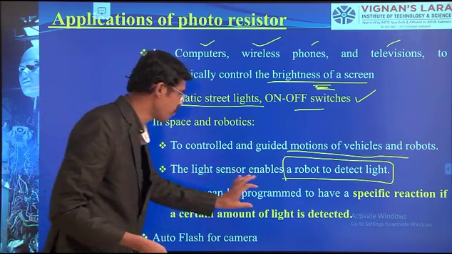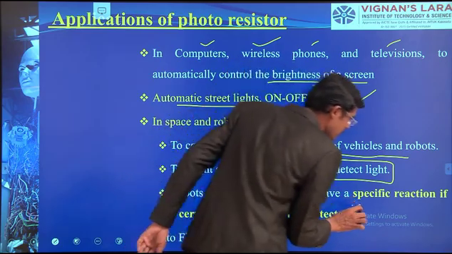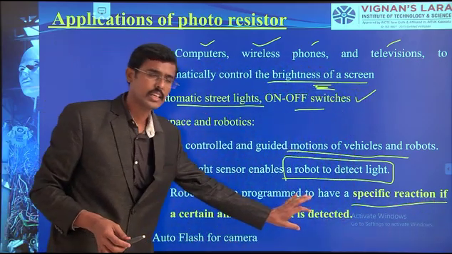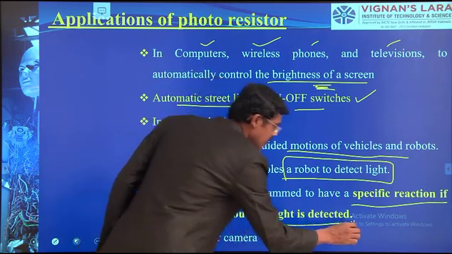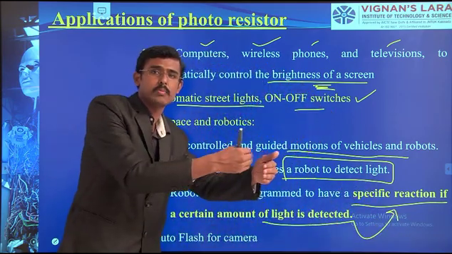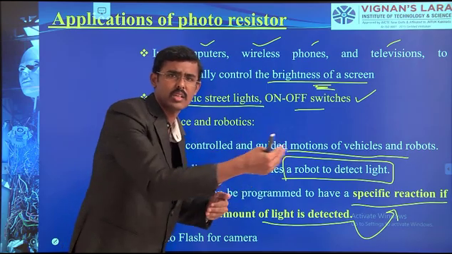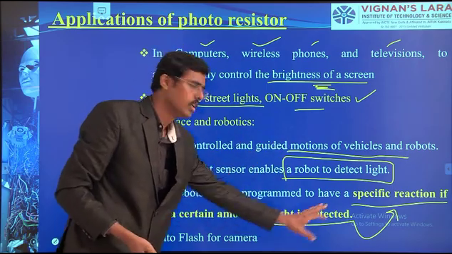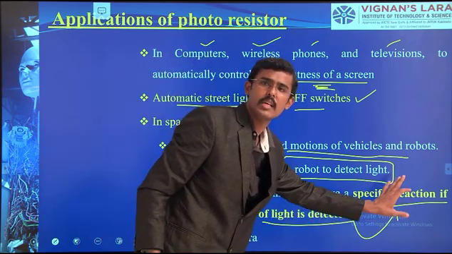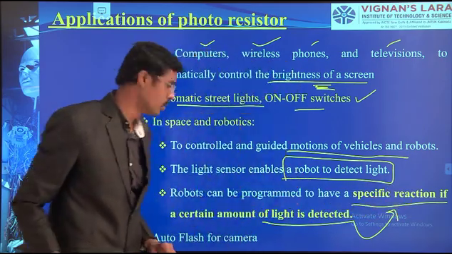Robots can be programmed to have specific reactions when a certain amount of light is detected. When the light is detected, it has a specific task. We are interlinking multidisciplinary tasks, sequential controls, a closed loop. When the light is detected, a set program is run. So likewise we can do this.